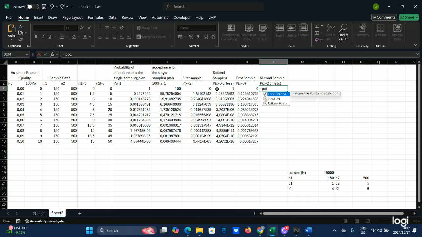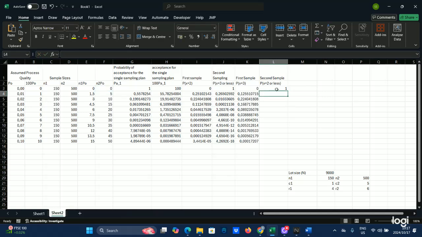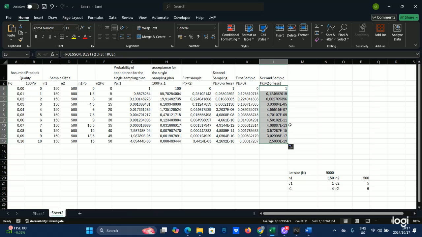So similarly, say Poisson distribution if they find 2, and since this is their first sample, you consider this NPO. Since you're looking for the probability of 2 or less, your cumulative is going to be true, and then equals, and now you drag.